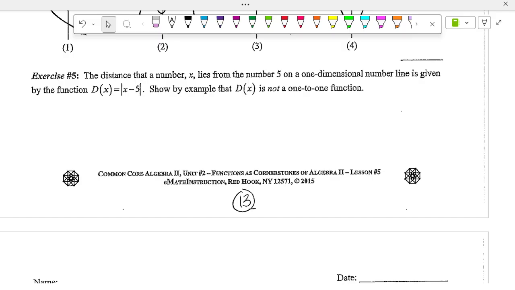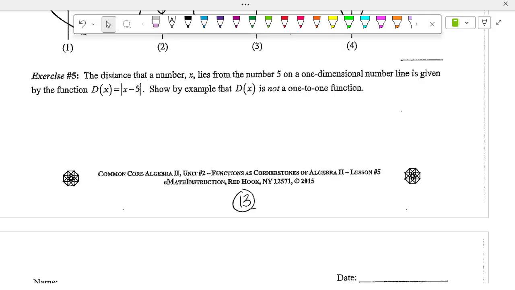All right, so first off, let's just review what absolute value does. Let's say I took the absolute value of 5 and negative 5. What's the absolute value of 5? Positive 5. What's the absolute value of negative 5?